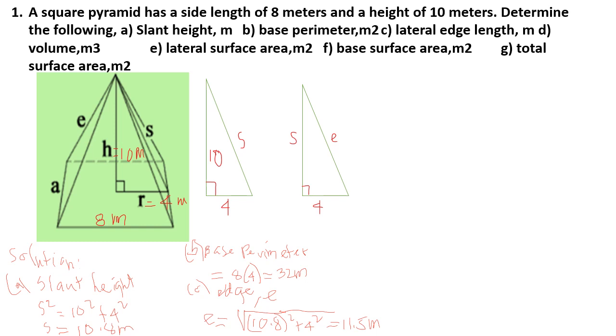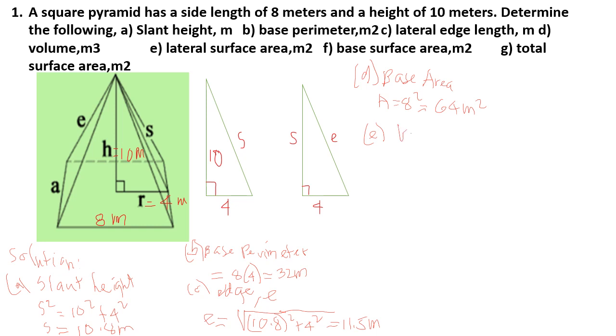For letter D, base area. Area equals 8 square, equals 64 meters square. Your letter E there is volume.